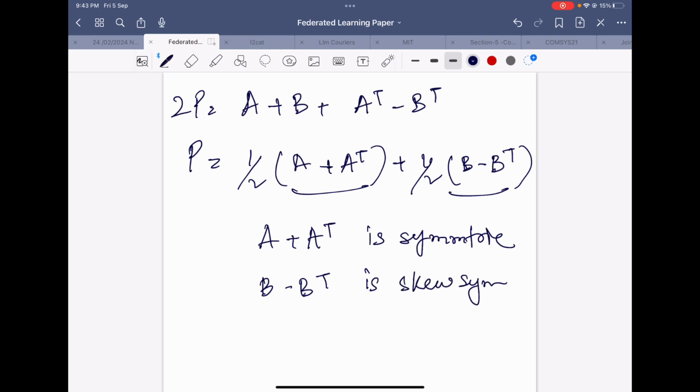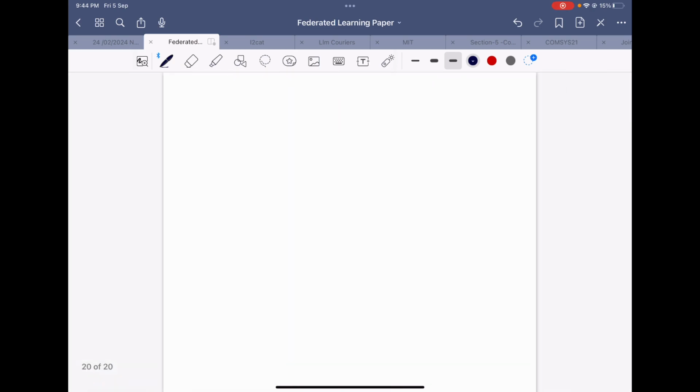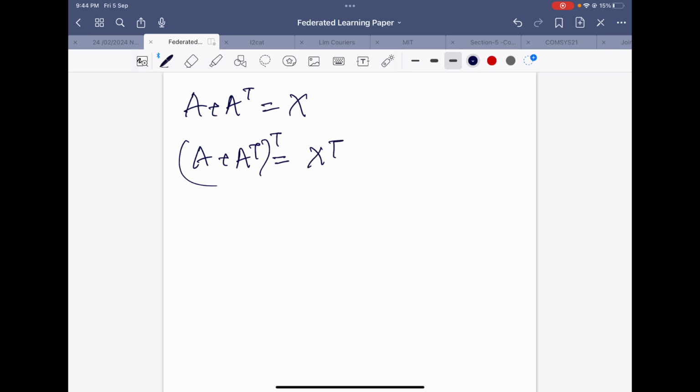Let's say that this A plus A transpose equals X, and let's take transpose on both sides. So A plus A transpose, whole transpose, is equal to X transpose.